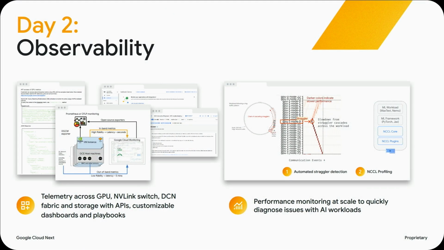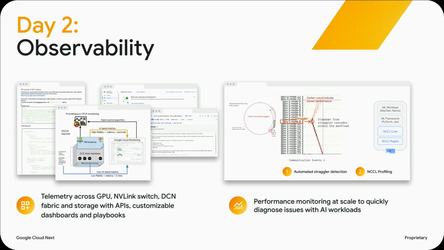And then you've got everything set up, it's running. Now you want to make sure that you have transparency and observability into how things are running. So as part of our day 2 operations, we provide comprehensive full-stack telemetry that goes beyond the standard GPU. So you have GPU telemetry, NVLink telemetry, storage telemetry, DCN fabric telemetry. This is accessible via APIs and visualized in customizable dashboards. We also provide tools for analyzing NCCL communication to make sure that slow nodes, or straggler nodes, can be easily detected.